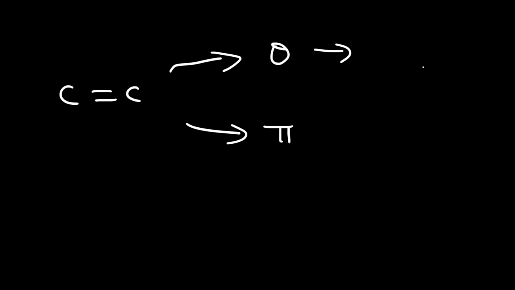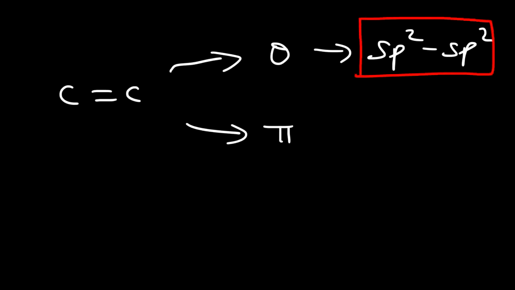Now, for the CC bond, it's a double bond, so it has a sigma and it has a pi bond. Now, the sigma bond in the double bond, you can describe it this way. It's an overlap of an sp2 and another sp2 hybrid orbital. The pi bond, it's based on the two unhybridized p orbitals.